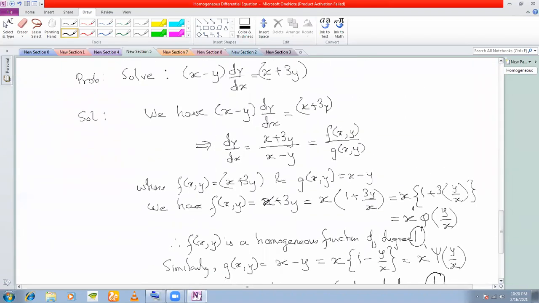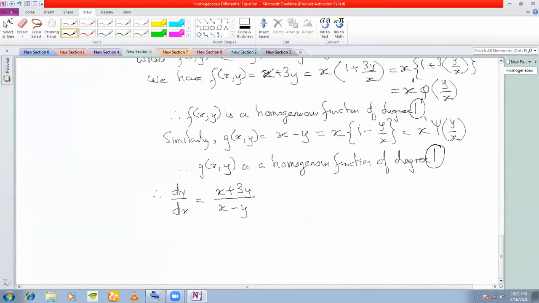For this differential equation to be a homogeneous differential equation, the numerator must have the same degree as the denominator, right? So both x plus 3y and x minus y are homogeneous functions of degree 1. That means their degrees are equal. That means dy/dx is equal to x plus 3y by x minus y is a homogeneous differential equation, right? Understood?